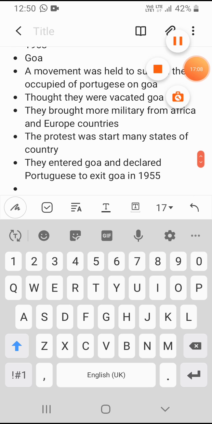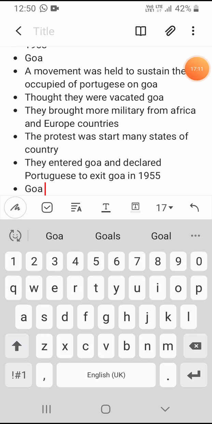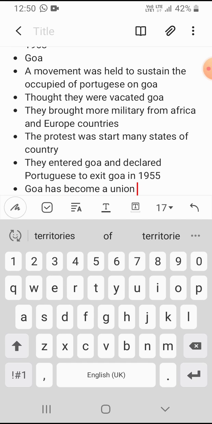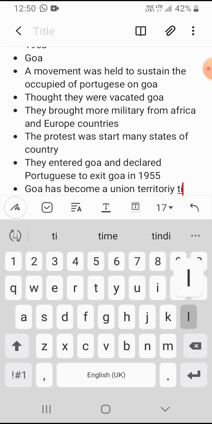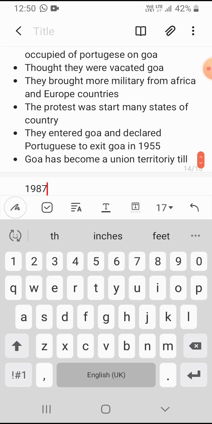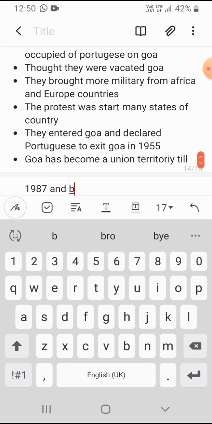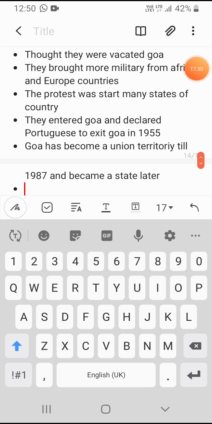Goa became a union territory till 1987 and became a state later.